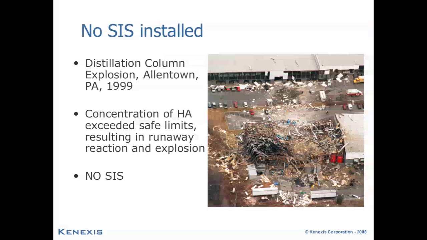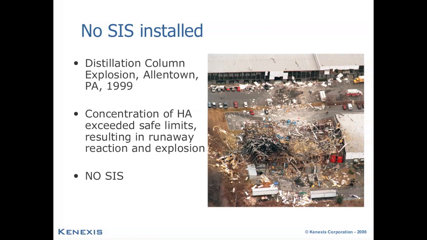In 1999, an incident occurred in Allentown, Pennsylvania, involving the initial startup of a distillation system that was producing purified hydroxylamine, or HA in this case. The system was almost exclusively operated by manual means of control.